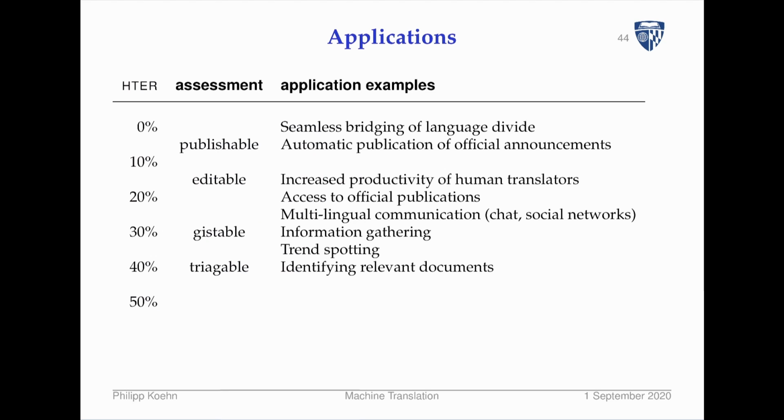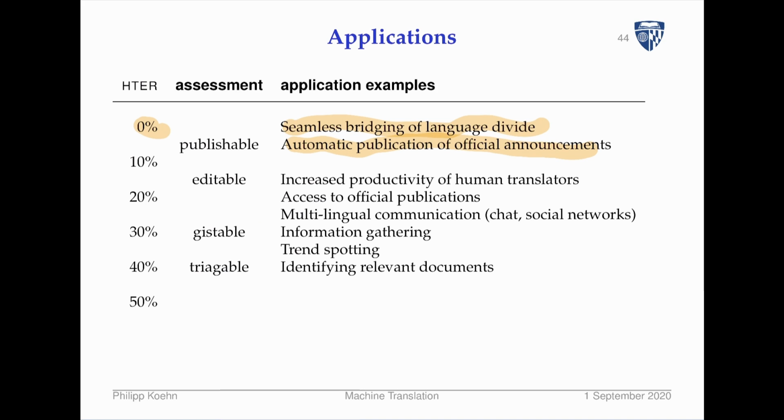So here are some applications that tie up with these levels of quality. If you have a 0% human edit rate, then you really seamlessly bridge the language divide. You actually solve the problem. But if you only have 5%, it means you can maybe automatically publish official announcements or help pages, things where people are not super picky that everything is perfect, but it's going to be very clear in all details.